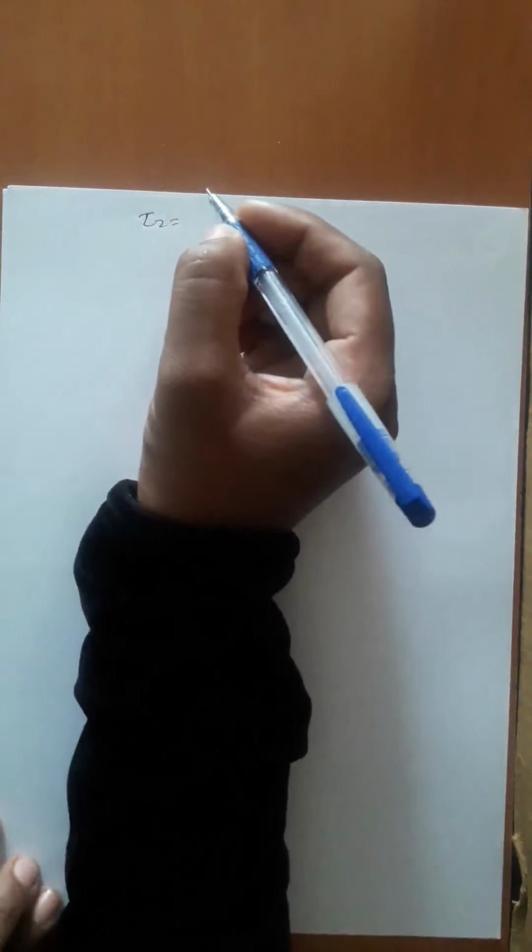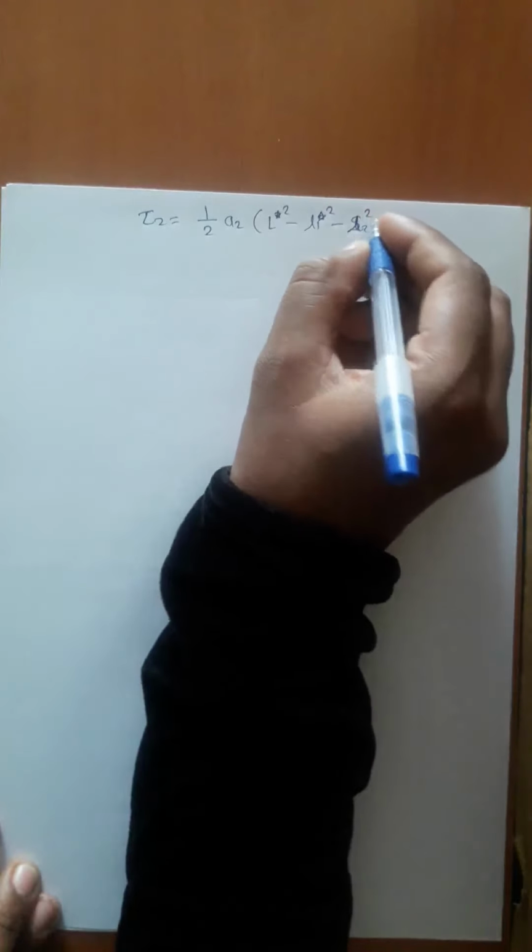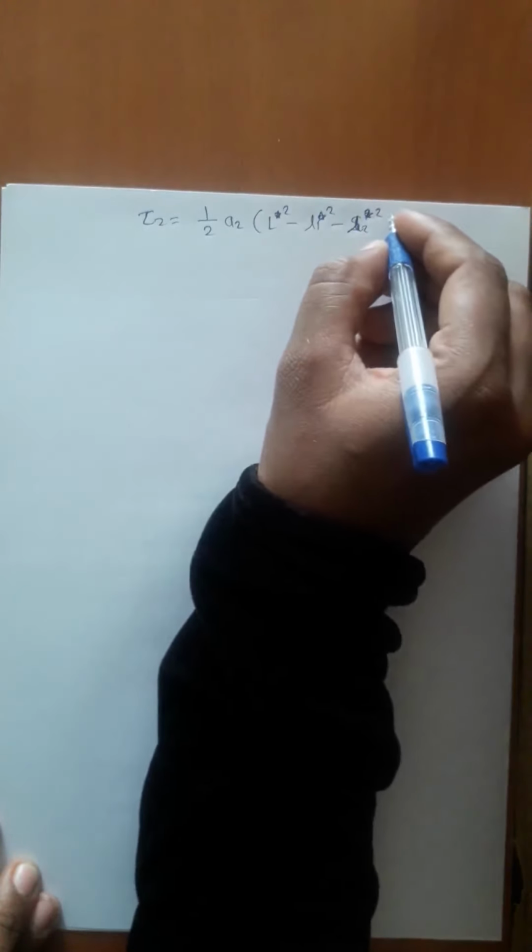Now we have to calculate tau 2. Tau 2 is equal to 1 half A2 into L star square minus L1 star square minus L2 star square.